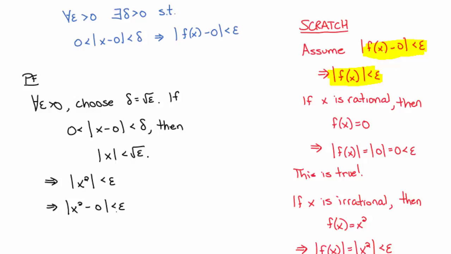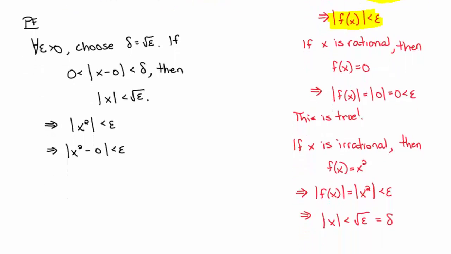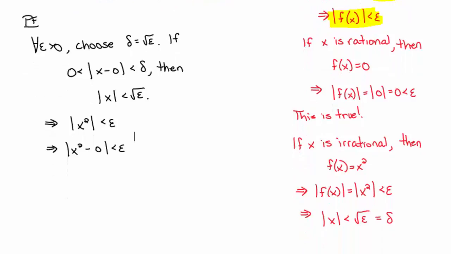And now I'm going to make the mention, because that's not necessarily f of x, that's just one piece of f of x. That x squared right there, let me highlight it, is the value of f of x if x were irrational. Thus, if x is irrational, then the distance between f of x and 0 is less than epsilon.